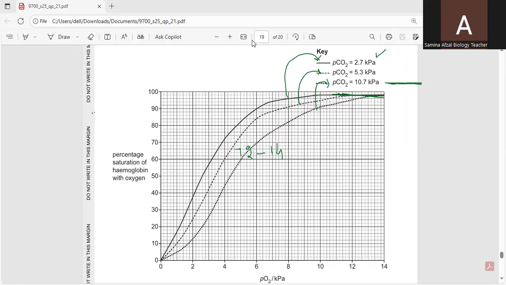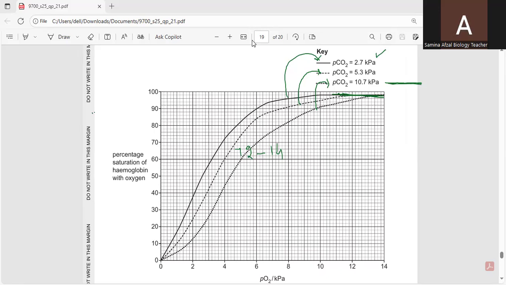These conditions in respiring tissues cause a change in the hemoglobin molecule structure, which reduces its affinity for oxygen because the carbon dioxide concentration is high there. This reduced affinity is graphically represented by a right and downward shift of the oxygen hemoglobin dissociation curve.